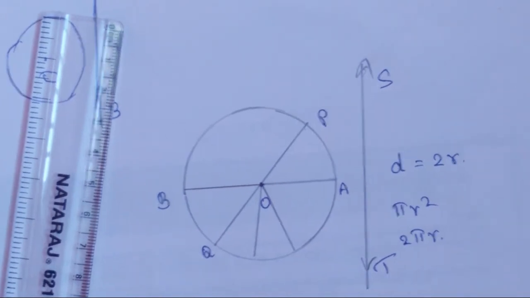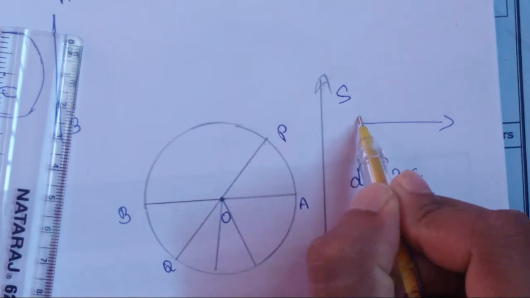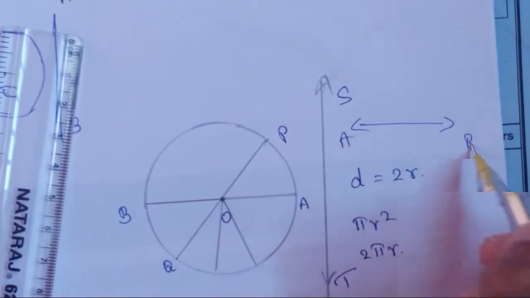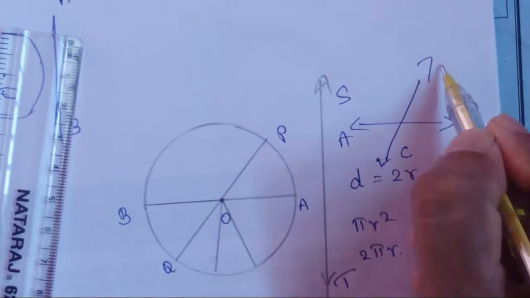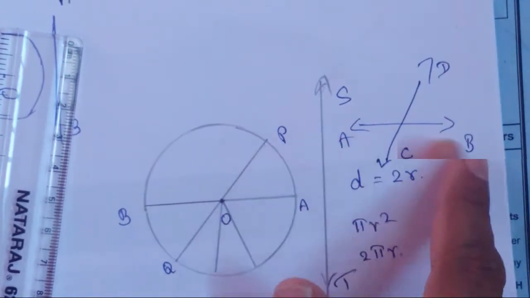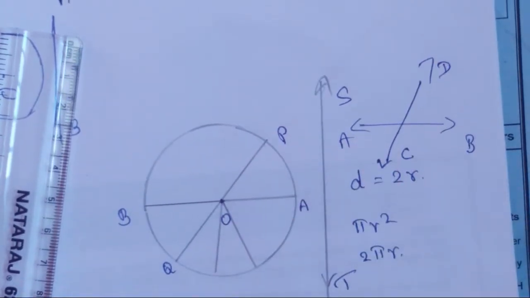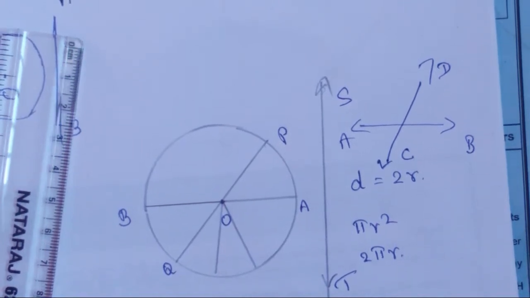So intersecting lines means, if we consider this as one line, for example, I will call this AB, and this is another line, I will call this CD. Then AB and CD are intersecting lines. They will meet at a particular point, or the two lines will touch each other at a particular point.